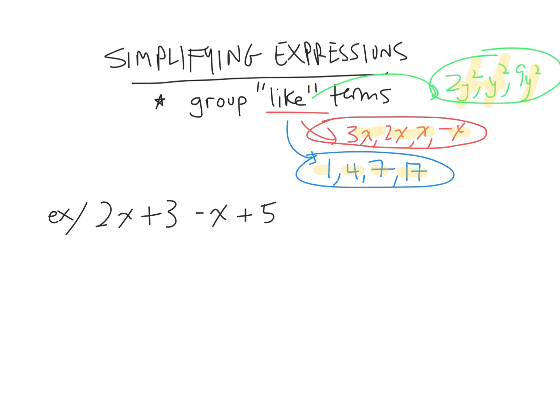So for example, if we have an expression like this, the expression contains 4 different terms, right? It's got the 2x term, it's got plus 3, it's got the minus x term, and it's got the plus 5, okay? That's 4 distinct terms. Well, we can group these together as like terms and say, hey, we can combine that 2x and that minus x. They're going to go together over here.